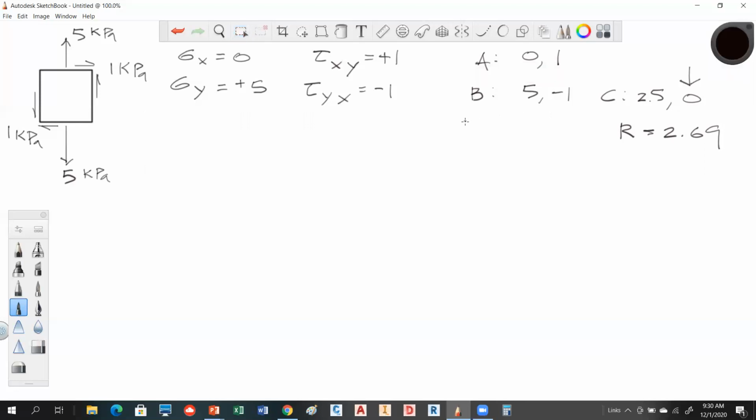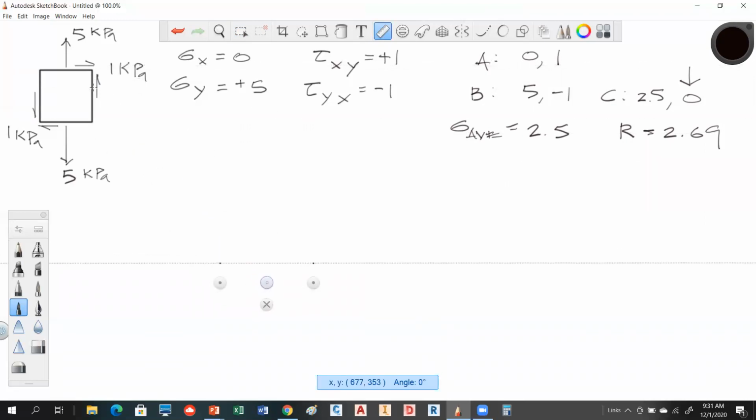We're also going to have the average, just in case we need that, that's 2.5. So these are the critical points, A, B, C, R is a critical value, and this average is a critical value. Now we're going to try to draw Mohr's circle.